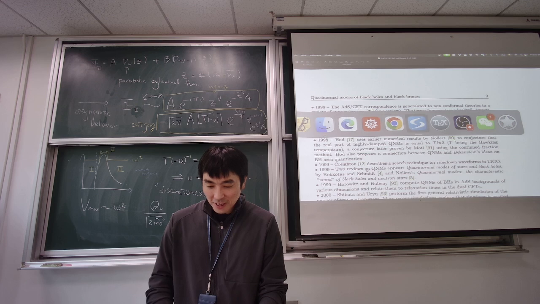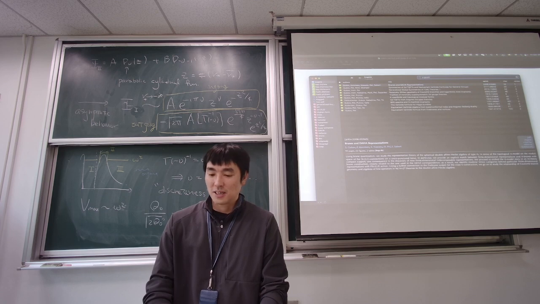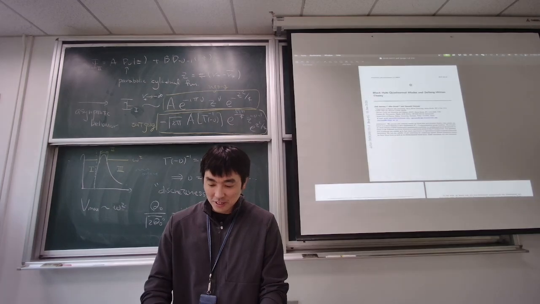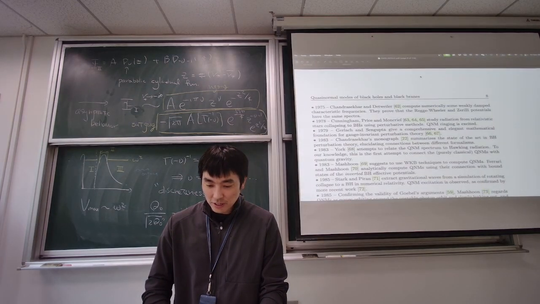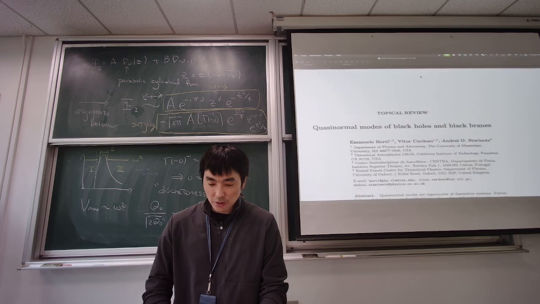But recently there is some technique, what was that? Even string theory gives you some technique to solve the quasi-normal mode. So this is a paper. The previous review has a title like this. This one is also a very nice review.